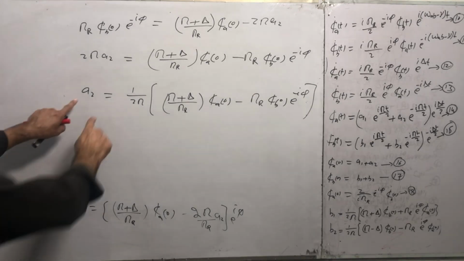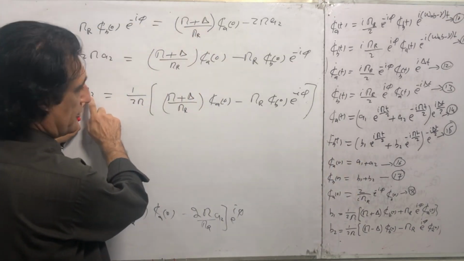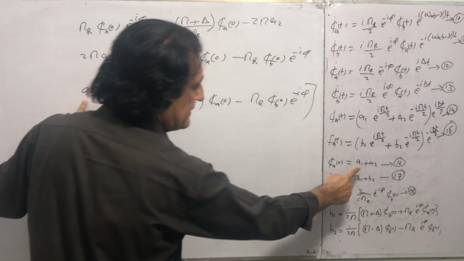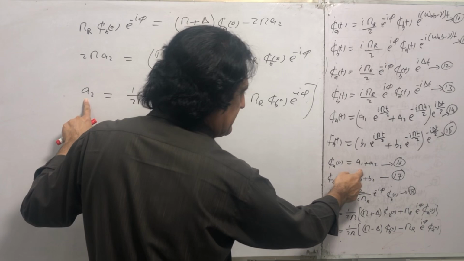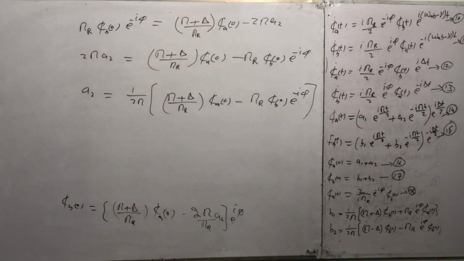And to find the value of A1, we must put the value of A2 in equation number 16, and from this we can find the value of A1.